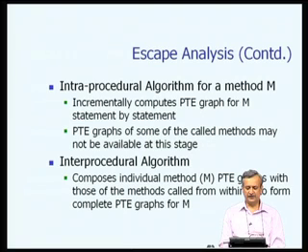PTE graphs of some of the called methods may not be available at this stage. So, remember we are doing intra-procedural analysis. So, we are not going to analyze parameters, trace other methods and so on and so forth. So, when we are doing this analysis, obviously some information will be missing, just like when you are doing data flow analysis for reaching definitions or something like that.